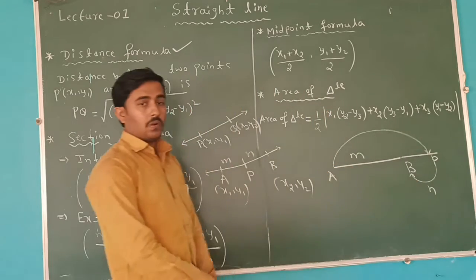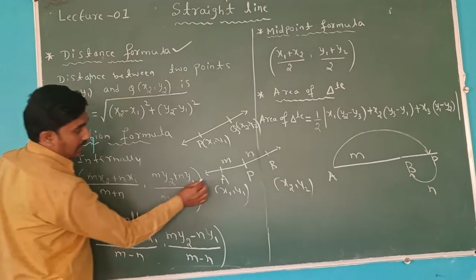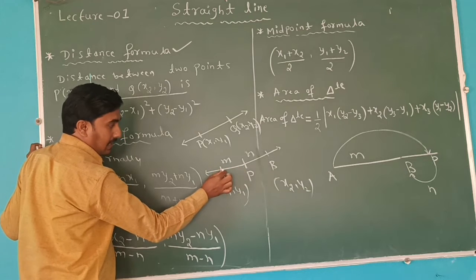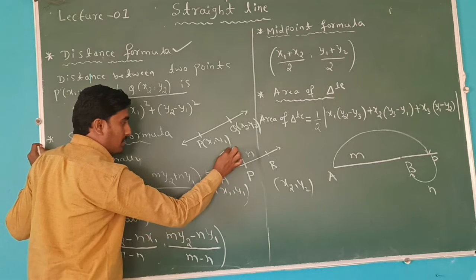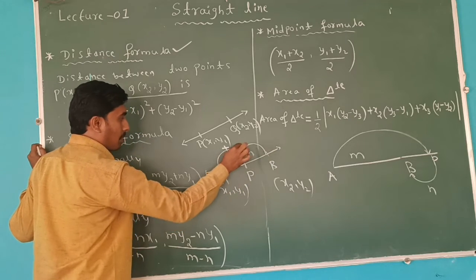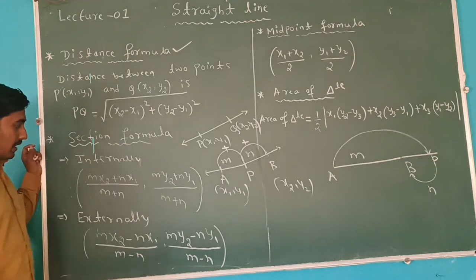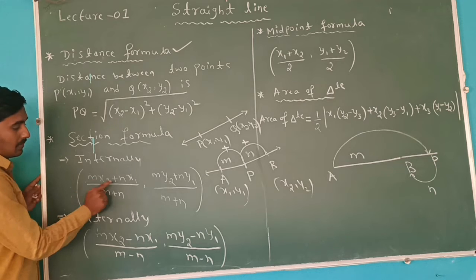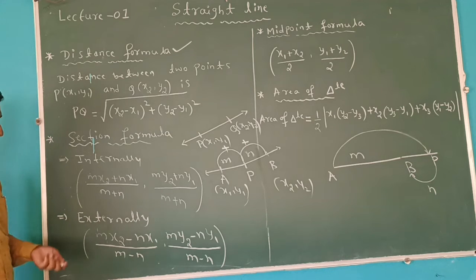Here direction is important, because here the line AB is divided in the ratio m ratio n in the same direction. So this is also plus and this is also plus. Therefore here m is positive and n is also positive.